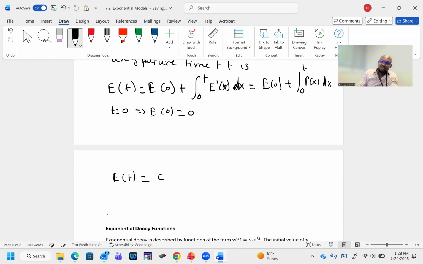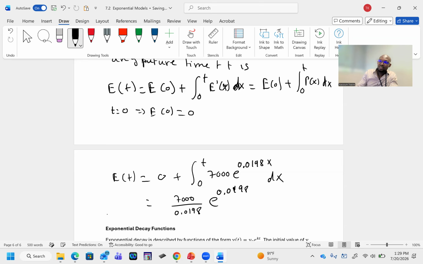will be equal to 0 plus the integral from 0 to t of 7,000 e to the power of 0.0198 x dx. And this integral will be 7,000 divided by 0.0198 e to the power of 0.0198 x, from 0 to t.